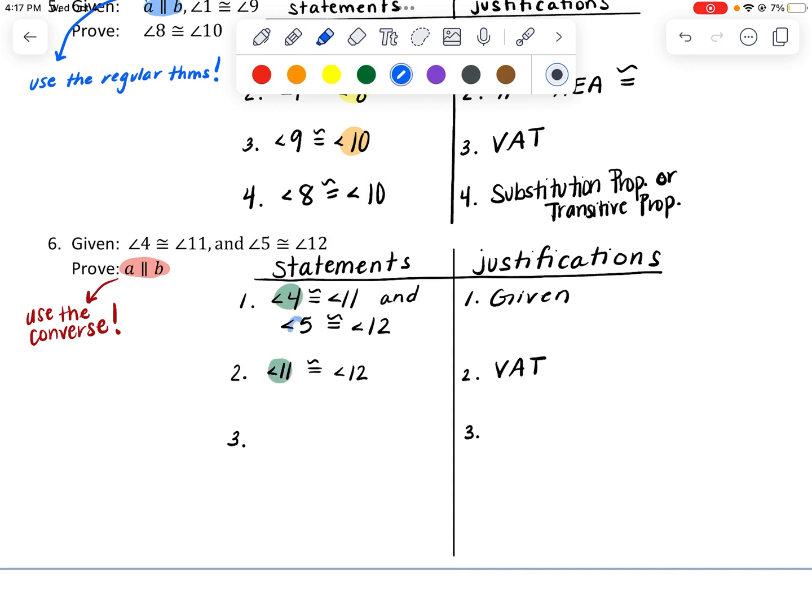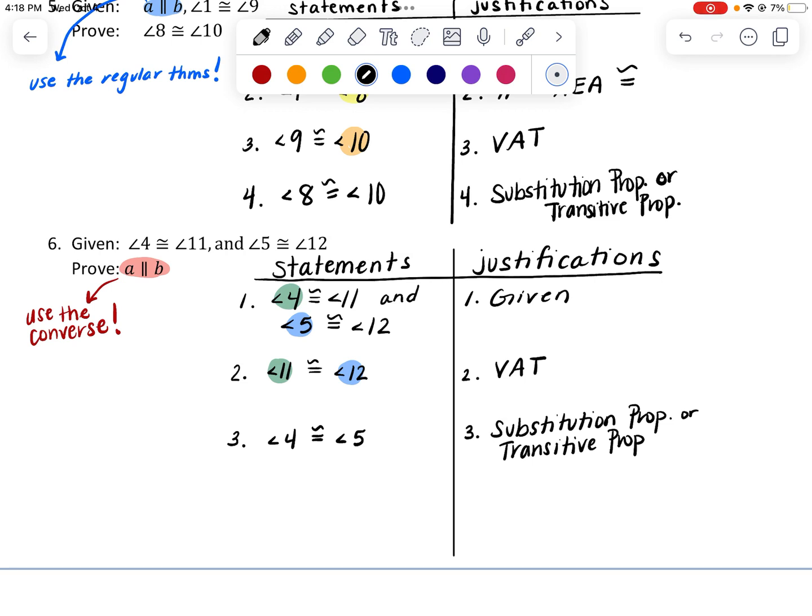Those are equal. 5 can substitute for 12 because those are congruent. And so I can go ahead and write this here: angle 4 is congruent to angle 5. And again, substitution property, or the transitive property, depending on which way you want to look.